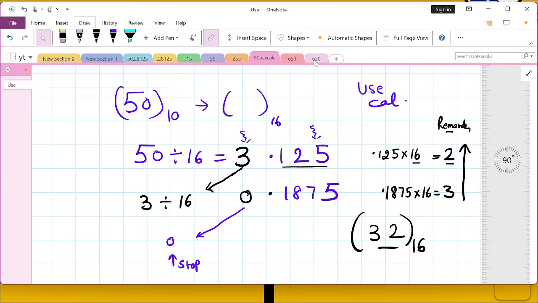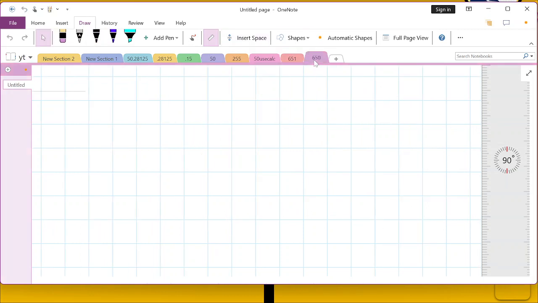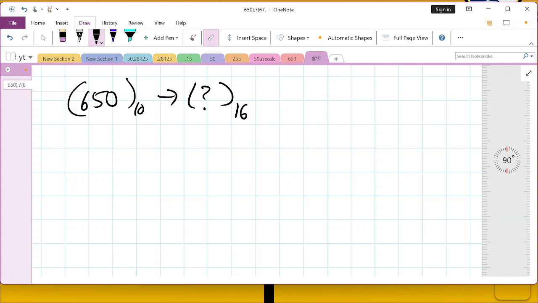Now let us take this example first, 650, right? What is 650 equivalent to? So 650. We will try it with first manual division. I say this is basically a decimal number. Try to find out its hexadecimal equivalent. So 650. Even if I go for manual calculation, it will give me a fractional quotient. Why?